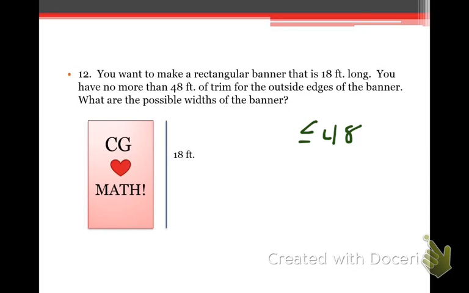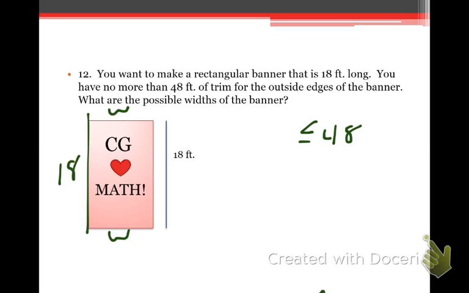Now, how do we figure out how much we're going to use? Well, it's a rectangular banner, so if this side is 18 feet, how long is this side? Don't know the width. But we know there's two of them, right? Center Grove loves math. Of course you do. Perimeter, add up all the sides.